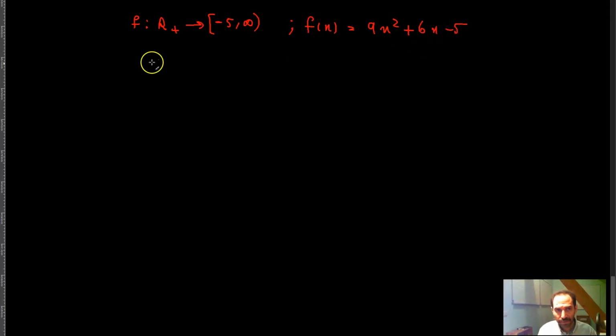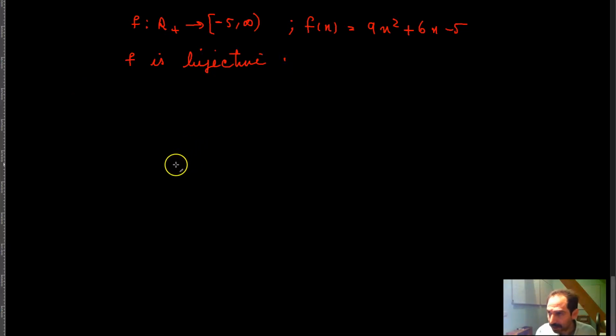Now to calculate the inverse of f, basically f was a function from R plus to the set -5 to infinity, and we said that f of x is equal to 9x squared plus 6x minus 5, and we also found that f is bijective, meaning that the inverse of f exists.